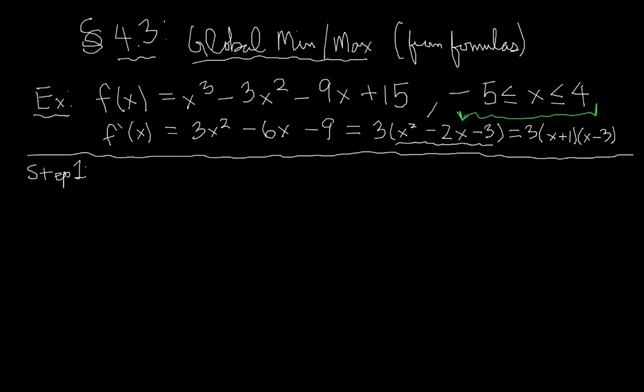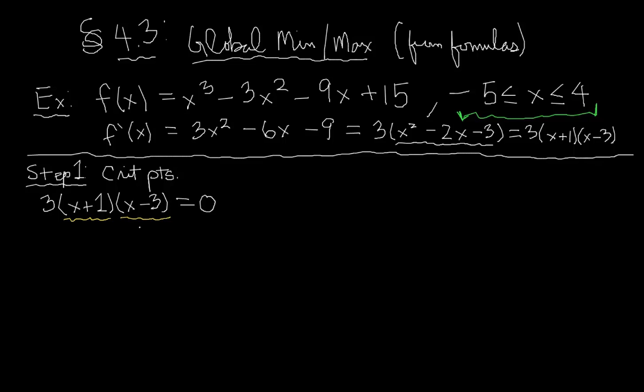Step 1, critical values, or critical points. What are we going to do here? Set the derivative equal to 0. So we have 3 times x plus 1 times x minus 3 equal to 0. What are the only possibilities?